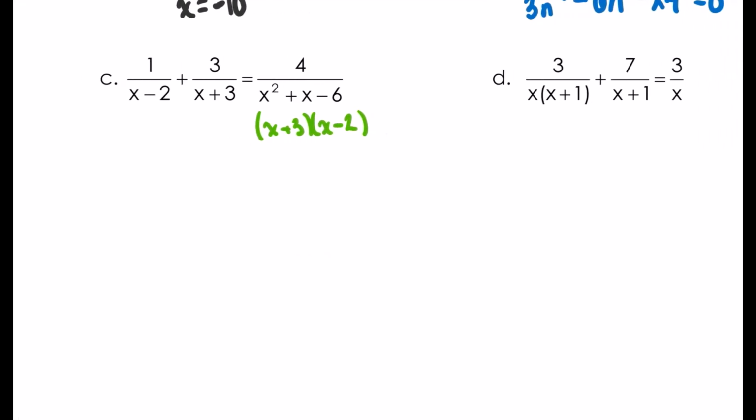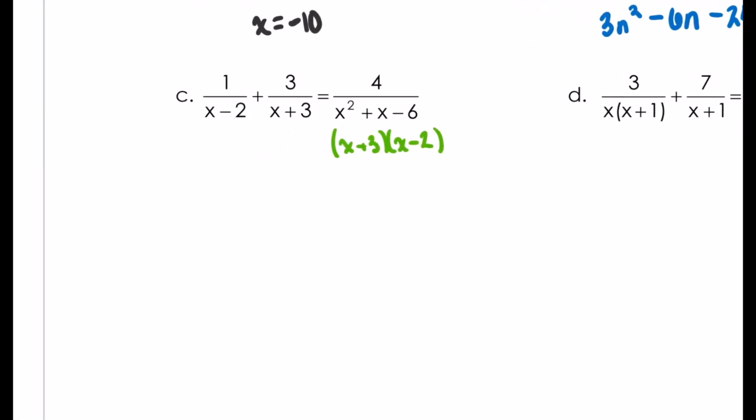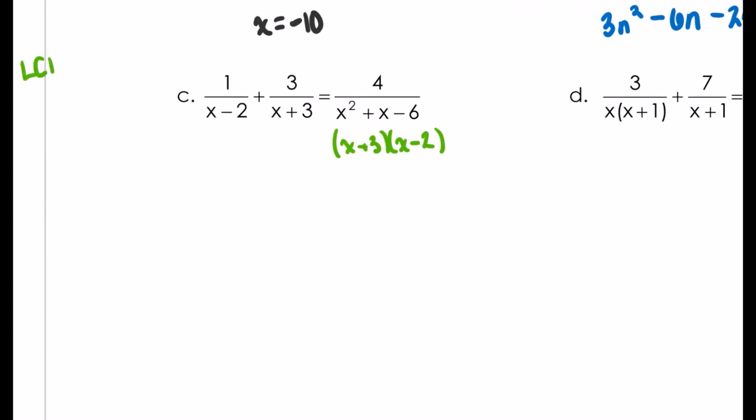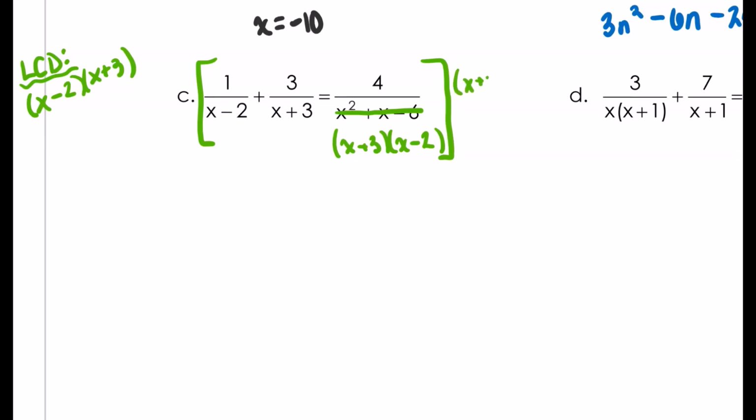And so the least common denominator here is going to be one of each of those. All right, so now I'm going to go ahead and start off by multiplying the entire equation by x plus 3, x minus 2, and this will clear out my denominator.